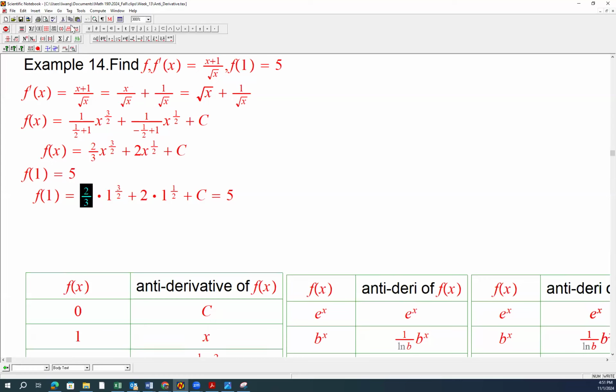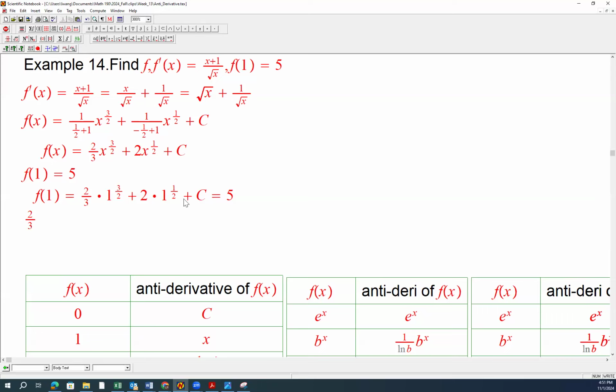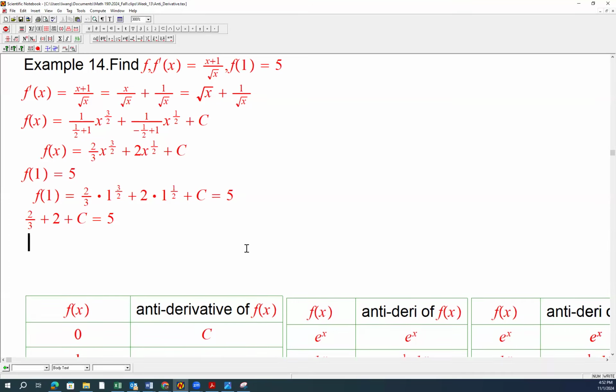So we get 2/3 plus 2 plus C equals 5. So finally, C equals 3 minus 2/3.